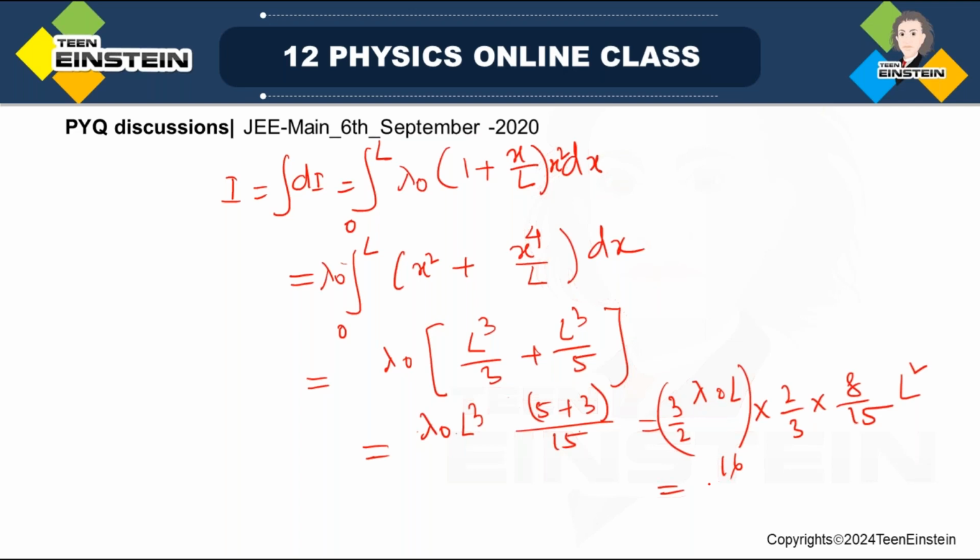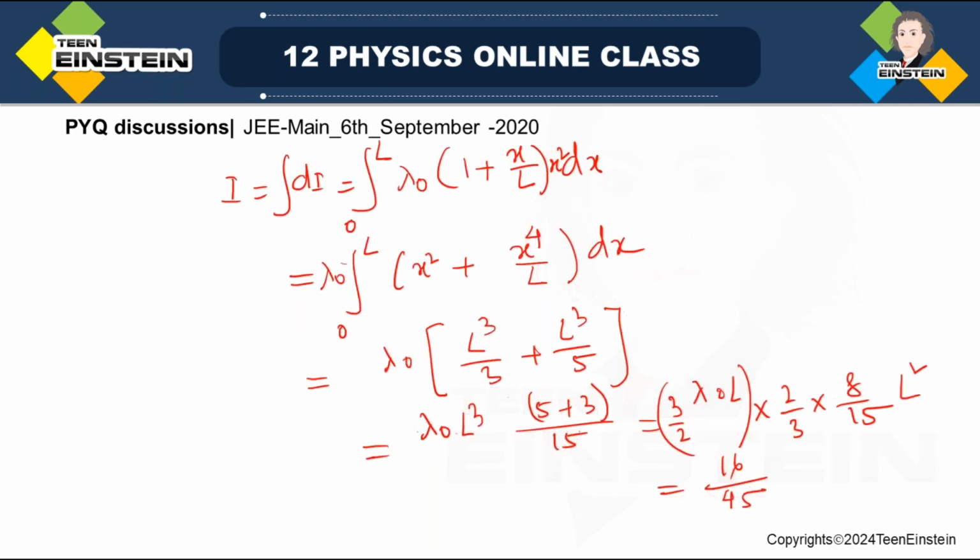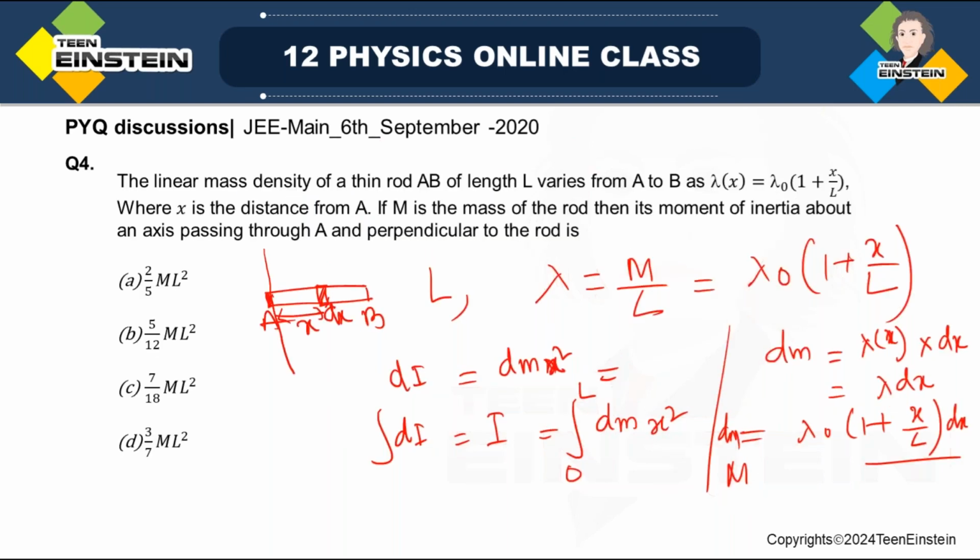So 16 by 45. I don't think there is an option like that. 3 by 7, 7 by 18. Let me read once again the problem and see where we have made the mistake.